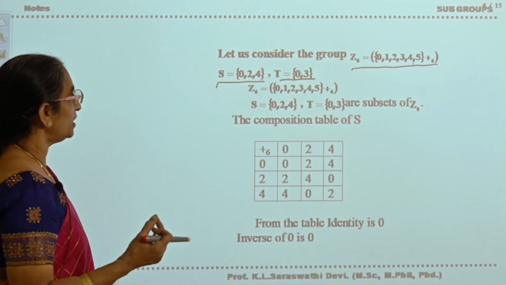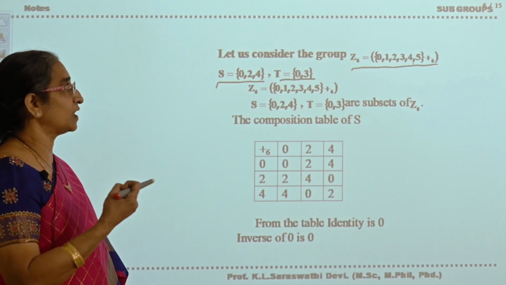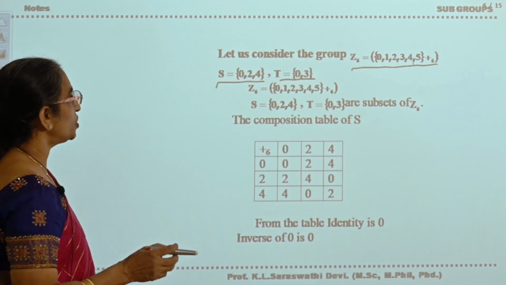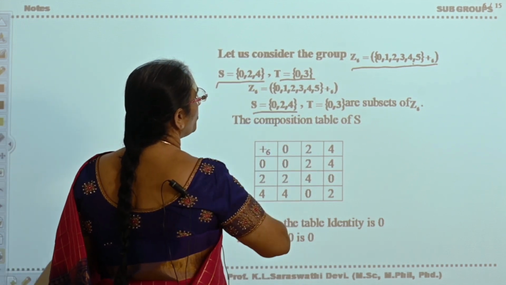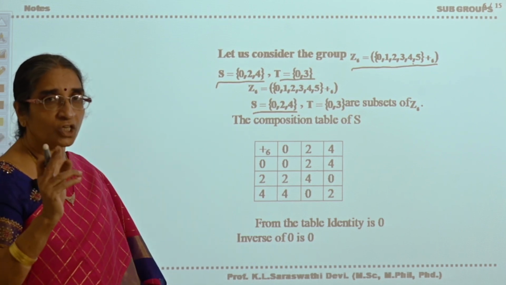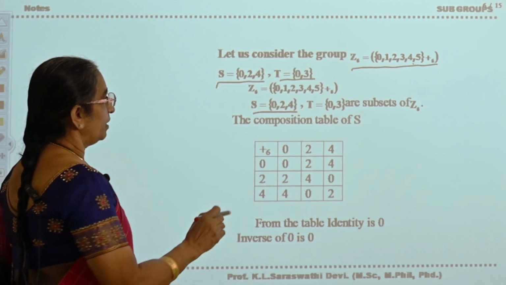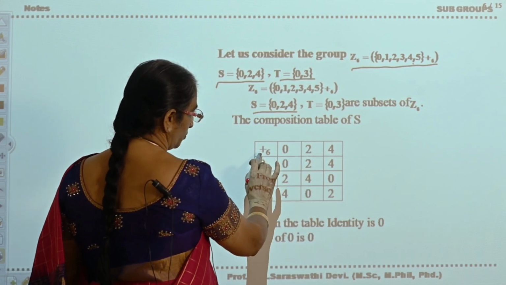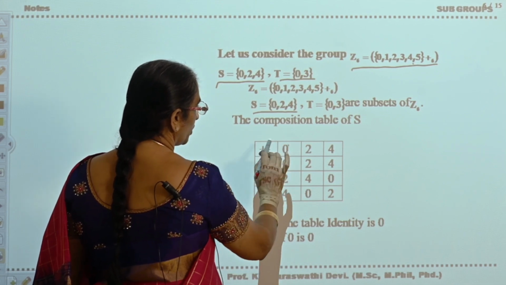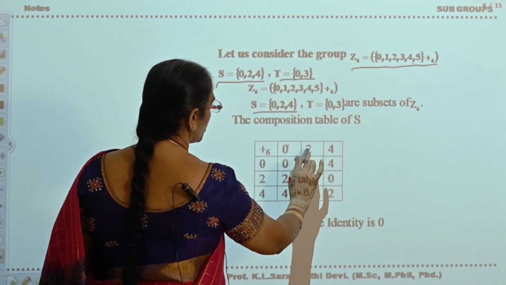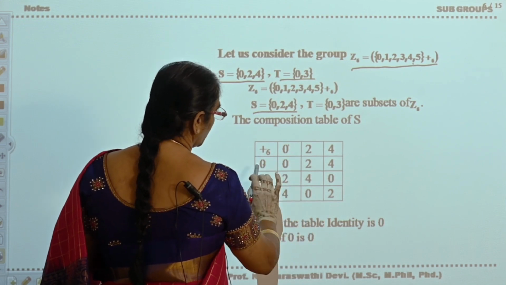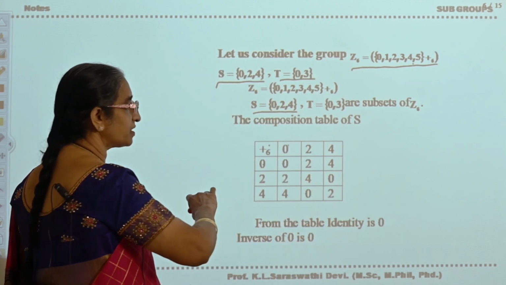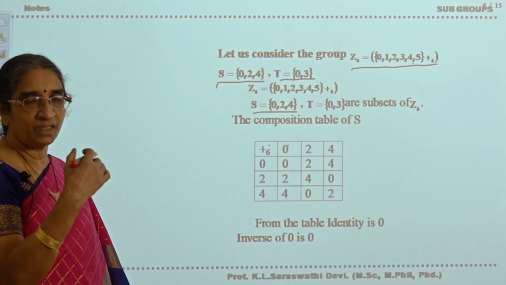You have taken two subsets of Z6, one is S and one is T. Now we will put the composition table of S. What is the operator here? Addition modulo 6. Write 0, 2, 4 here. 0 addition modulo 6 0 is 0, 0 addition modulo 6 2 is 2, 0 addition modulo 6 4 is 4, because 0, 2, 4 are all less than 6, they will be the values themselves.